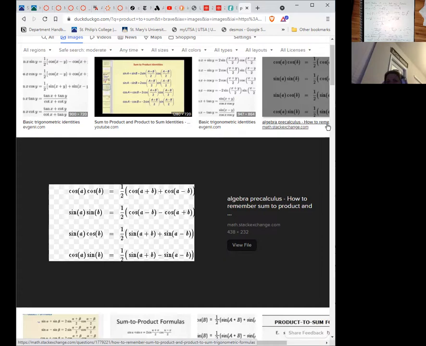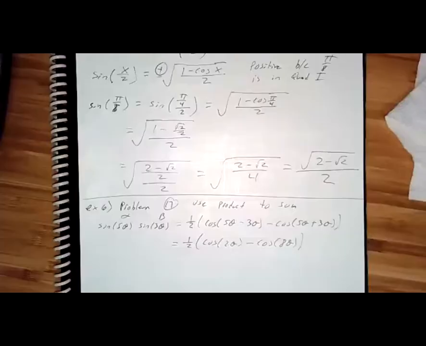So that'd be cosine of 2 theta minus cosine of 8 theta. Sorry, sir. Is that a sine 5 theta and a sine 3 theta? Yeah, sine 5 and 3. So this is my alpha and beta, 5 theta minus 3 theta, 5 theta plus 3 theta.